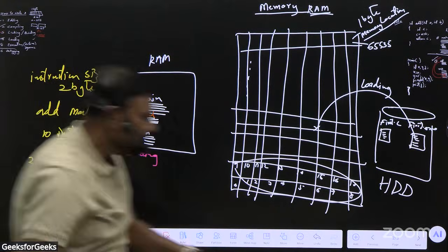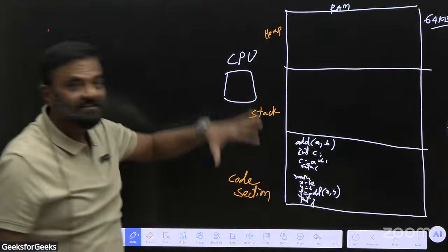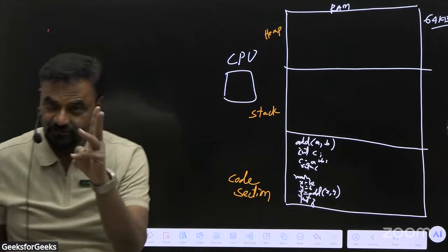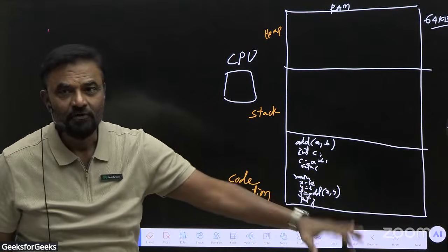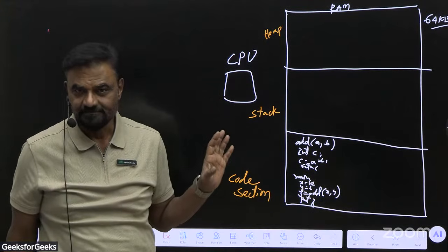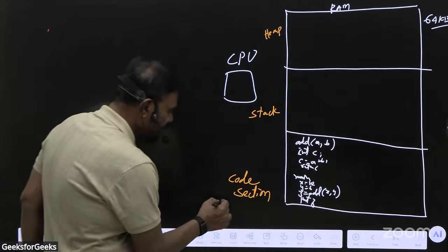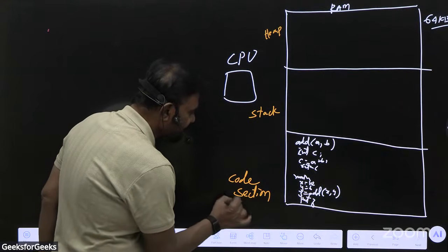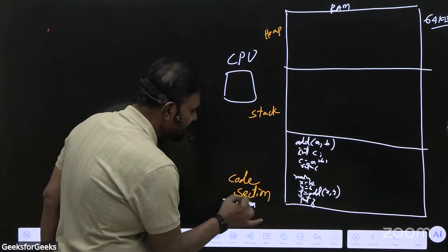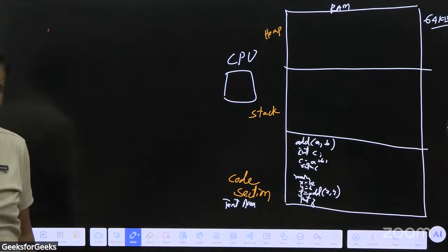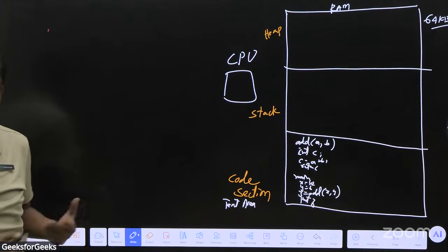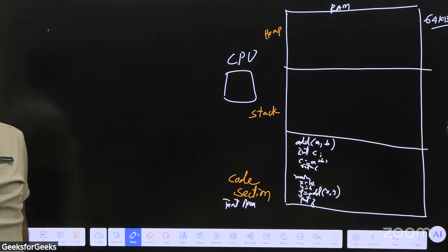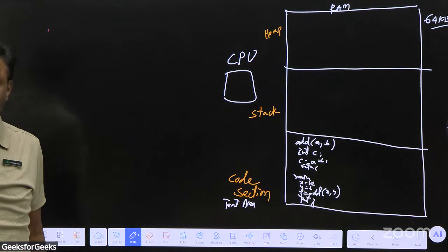Now I'm giving you the clear picture: the entire RAM is divided into three sections: code section, stack, and heap. The code is kept inside the code section. This is called the code section, and it is also called the text area, or text section. Actually, it's not text, it's machine code, but we call it text. Till here understood?